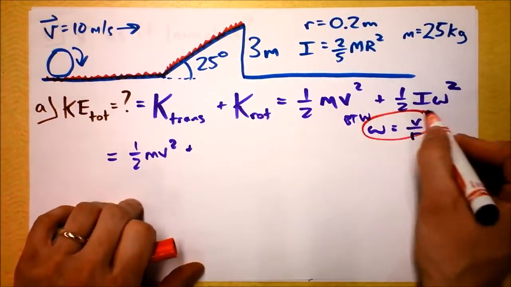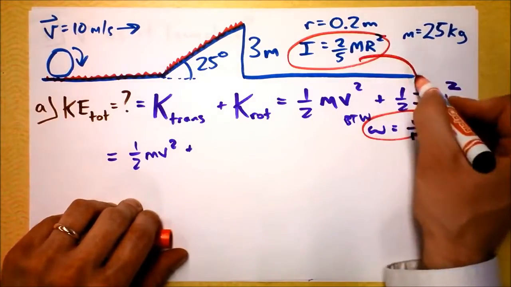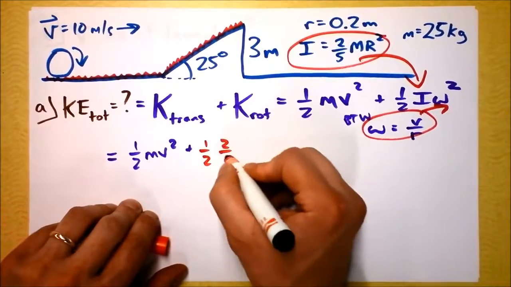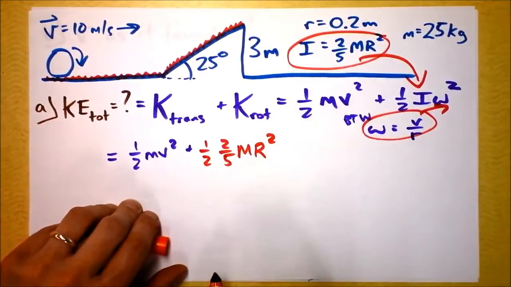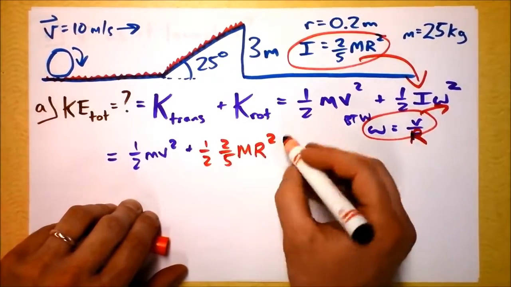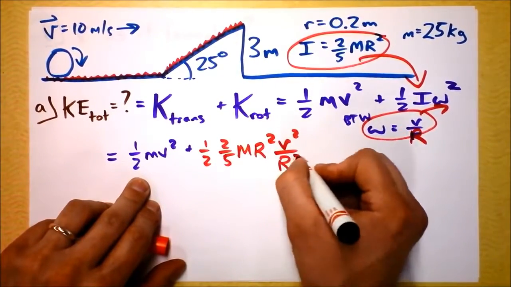So I'm going to plug that in, and oh shoot, why don't I take this moment of inertia and plug it in there also? Here I go, 1/2 times 2/5 m R squared, capital R, lowercase r, well, let's just use a capital R right there. And then instead of omega squared, I'm going to write v squared over r squared.